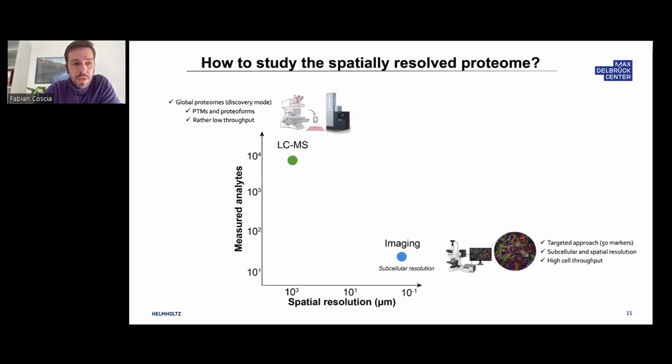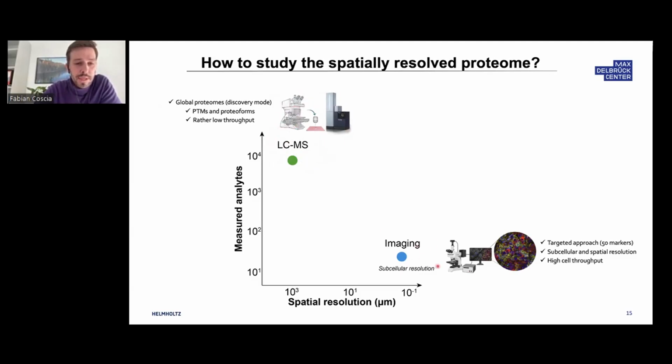This is where the other extreme is quite important, and I already mentioned how LC-MS-based proteomics can help us in biomarker discovery. But here the problem is that these methods have a relatively low throughput.